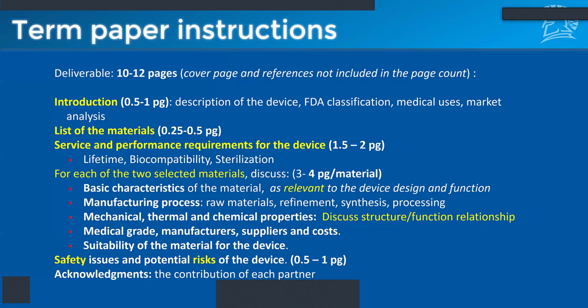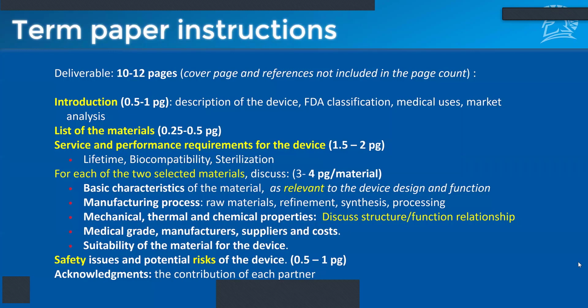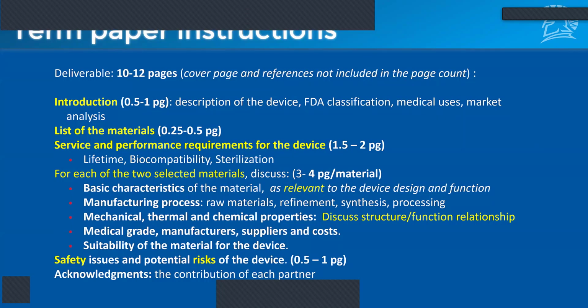Okay. Also discuss the medical grade, manufacturers, kind of some market information if you can get it. I know market analysis reports are pretty pricey, so don't spend $1,000 plus on a market analysis report. Just find information that you can. A lot of times if you call up a supplier or a manufacturer, they might give you information on the cost of the item.